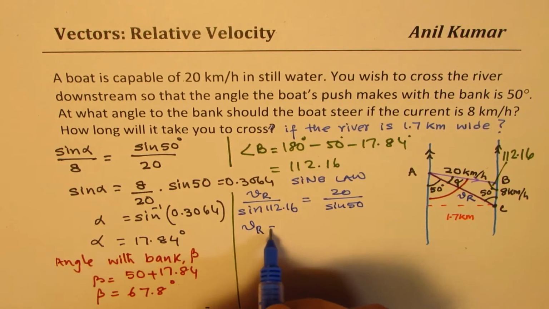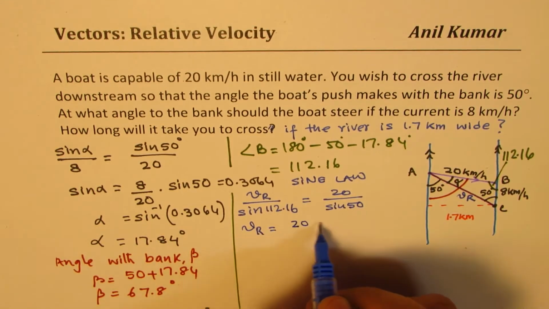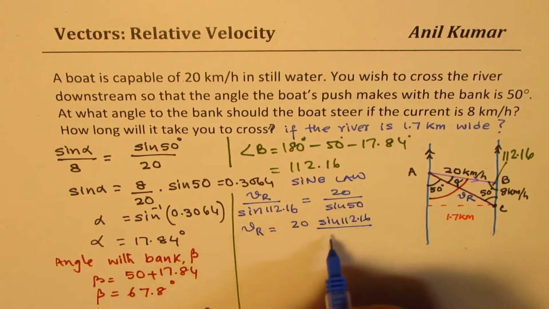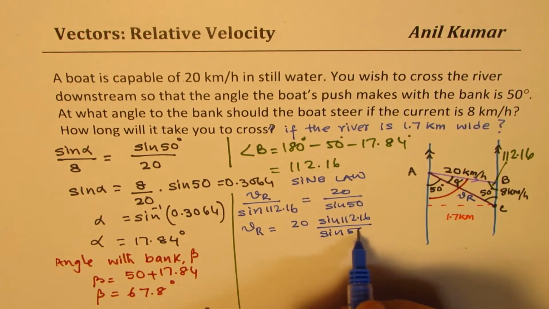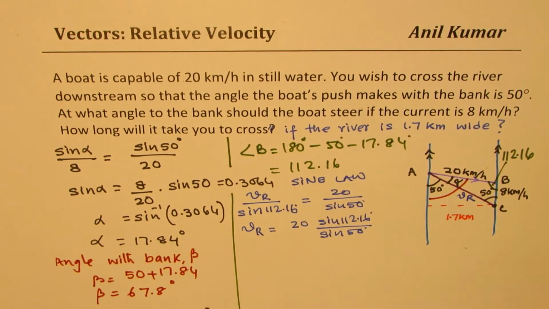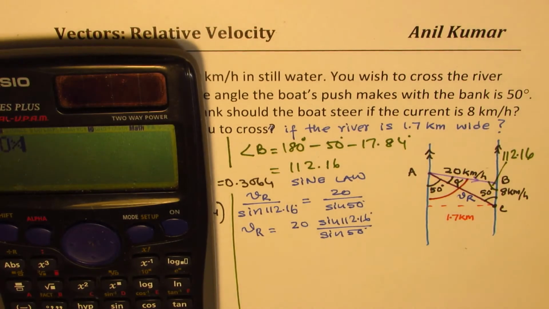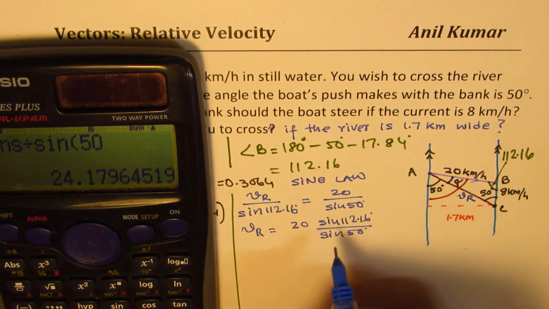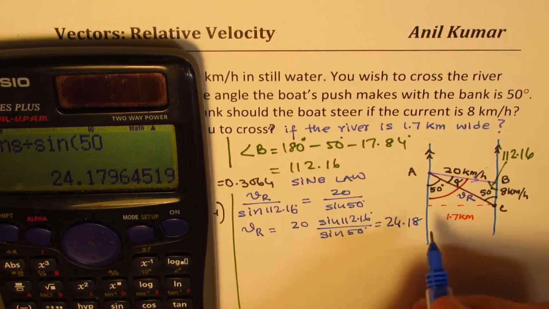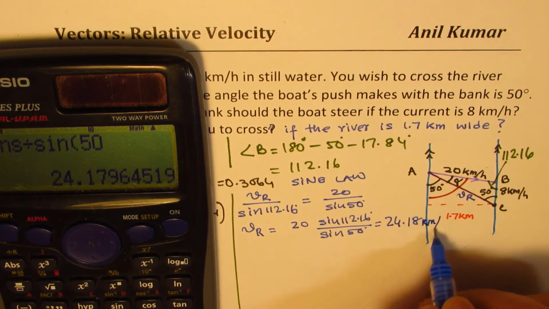So the resultant velocity is 20 times sine of 112.16 divided by sine of 50 degrees, correct? Okay, so that gives you 20 times sine of 112.16 divided by sine of 50, and that is equal to 24.18, right? So kilometers per hour.